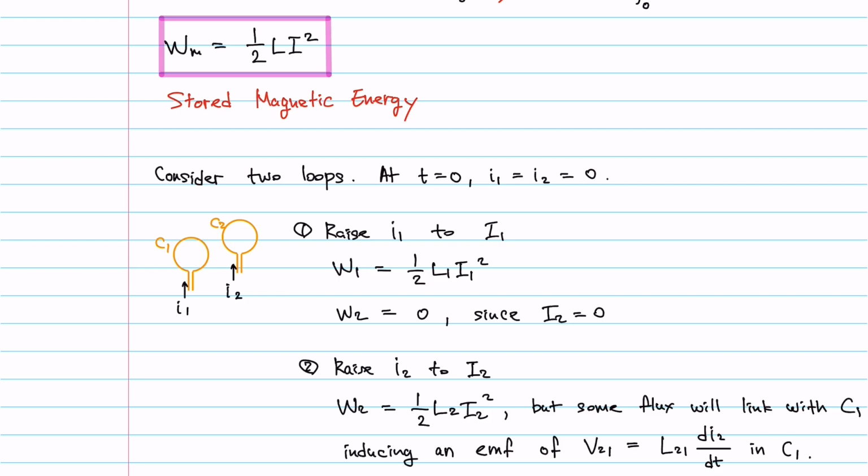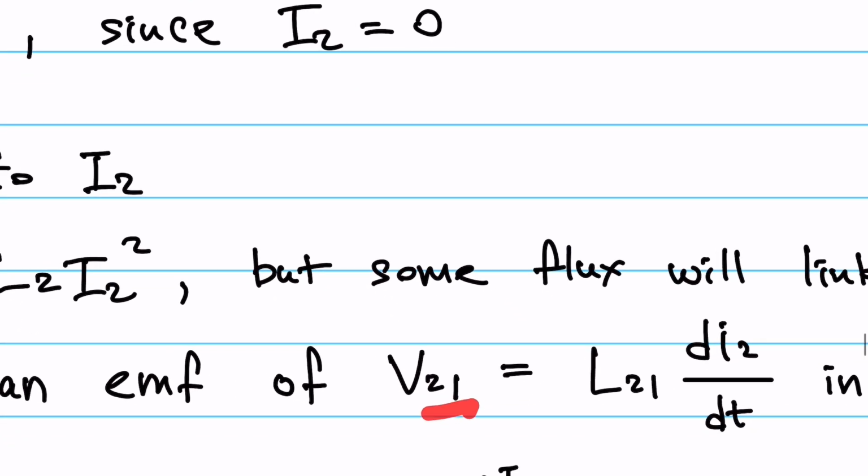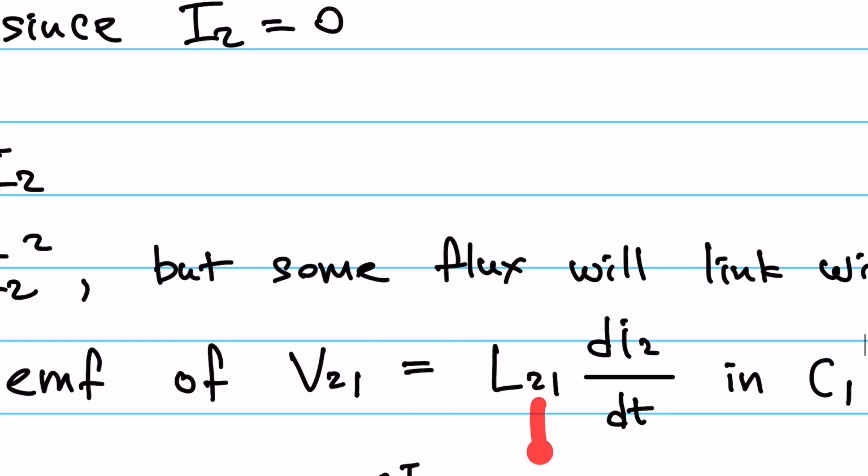That is an electromotive force, a voltage of V21. If you look at the subscript, it's V21, so current in coil number 2 is inducing voltage in coil number 1. That will depend on the inductance between the two coils times the time variation, or the slope, of I2.